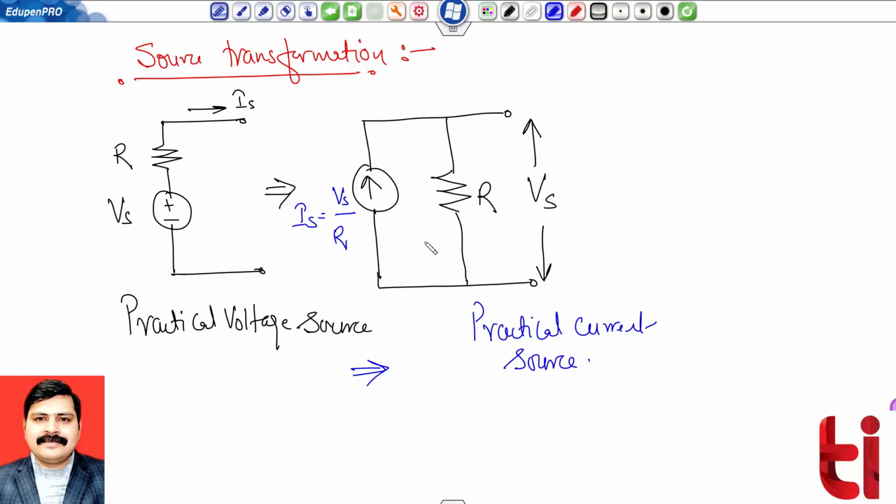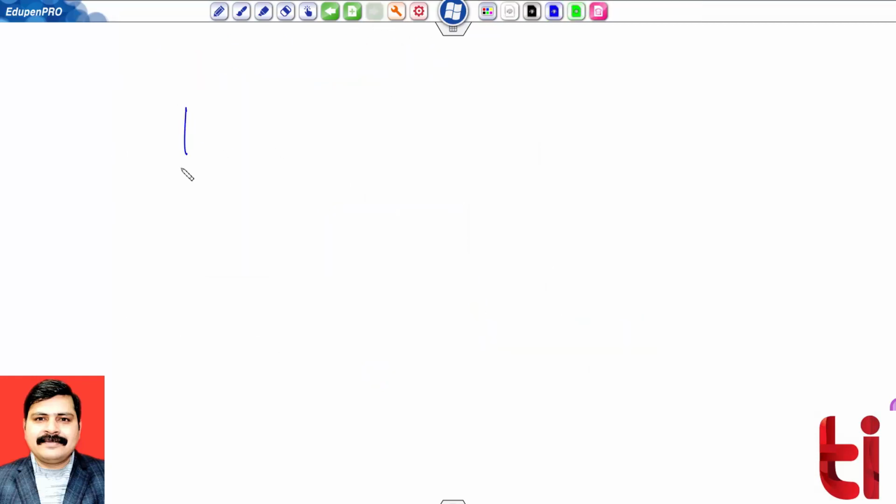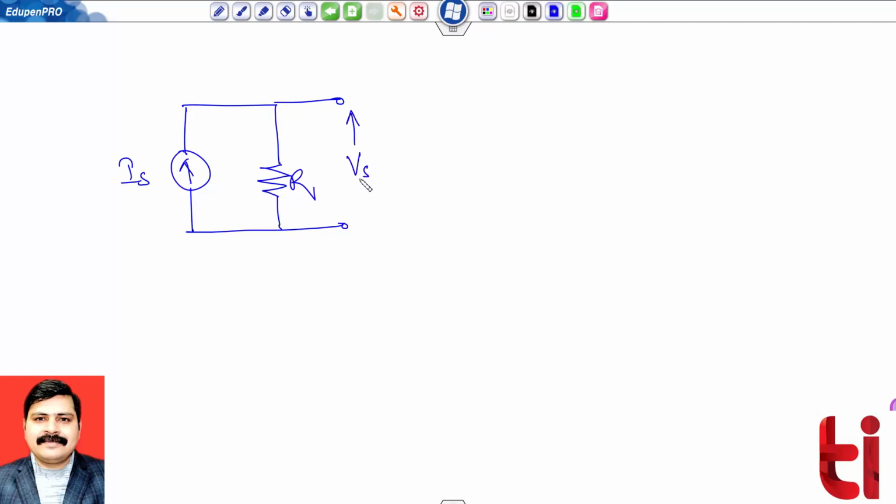In a similar respect, we can see the transformation from practical current source to practical voltage source. So let's see that also. If I am having a practical current source, that is a current source in parallel with resistance, suppose the value is Is, this is my resistance R, and voltage across this is Vs. So this can be converted to an equivalent practical voltage source, which will have a resistance in series with a voltage.